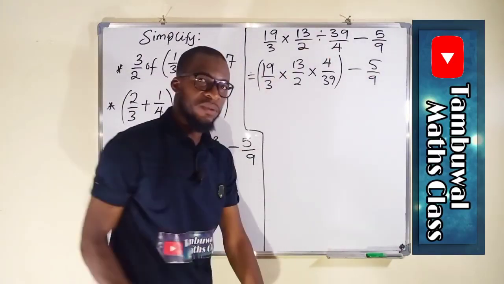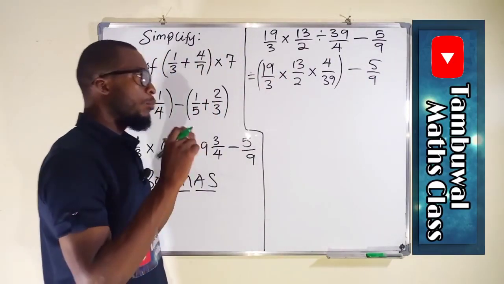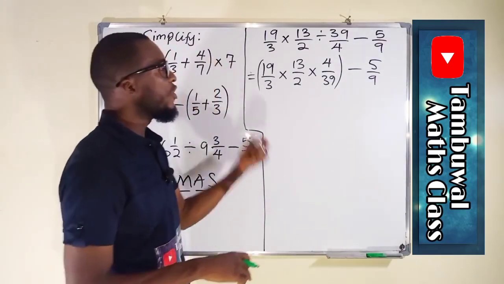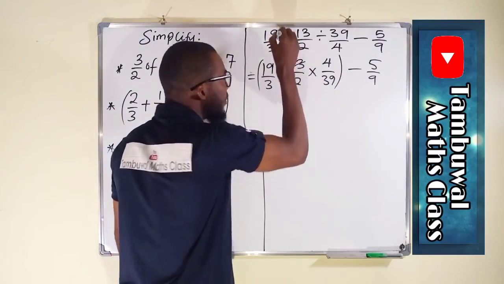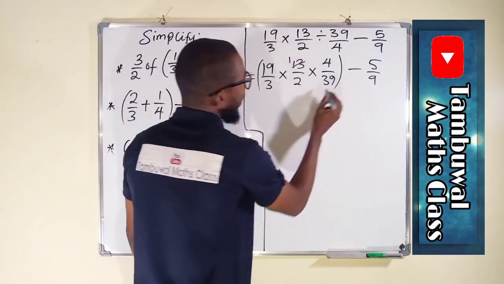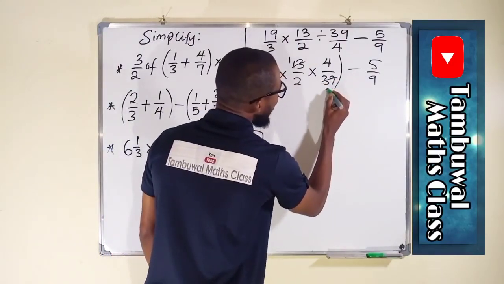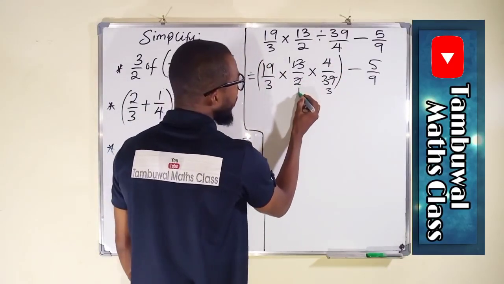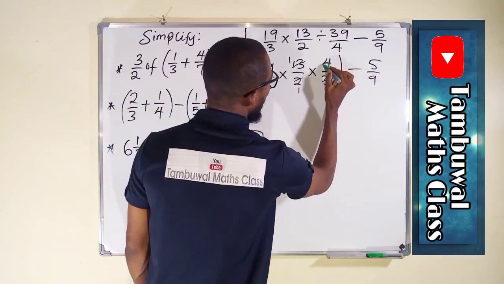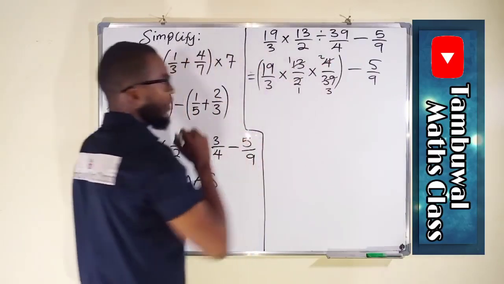Since we have two operations of the same kind, we are free to multiply the top numbers and the bottom numbers together. But for more simplicity, we can reduce them to their lowest terms. 13 here can go into 13 one time, and 13 can go into 39 3 times. 2 here can go into 2 one time, and 2 can go into 4 2 times.